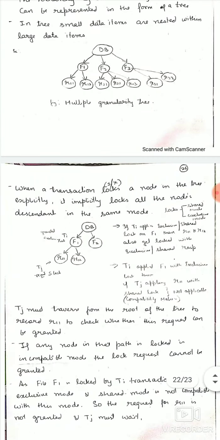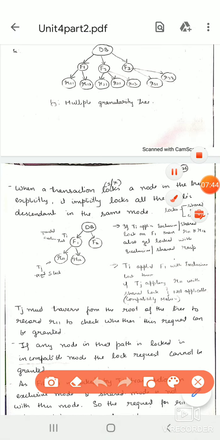So we'll see the operations that we can perform. When a transaction performs locks, we have already seen there are 2 types of lock: one is shared lock and another one is exclusive lock. If I'm applying a shared lock at this particular level F1, that is read, it can only perform reading in shared lock.